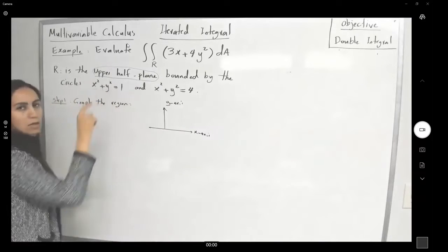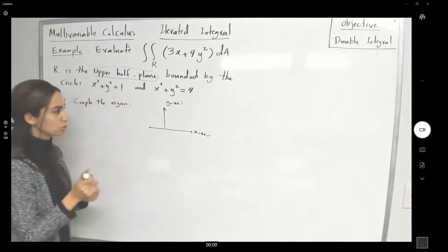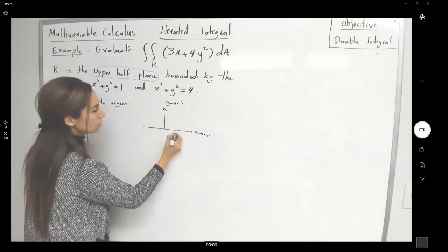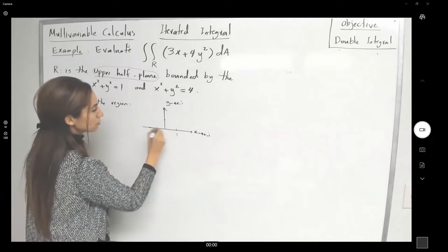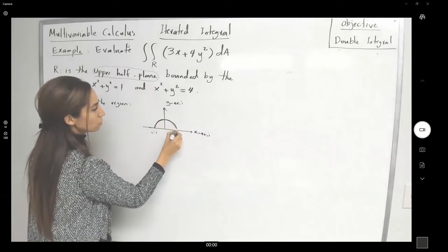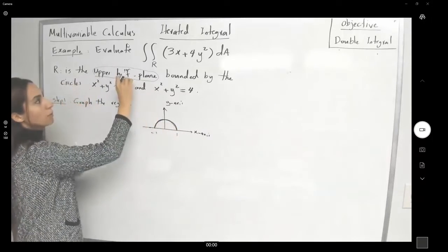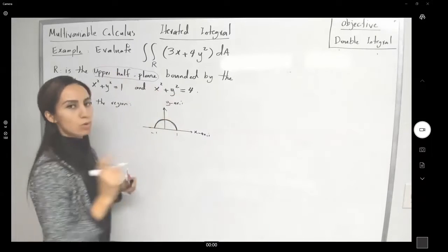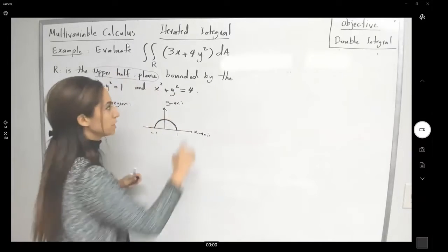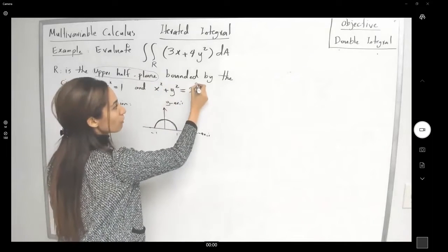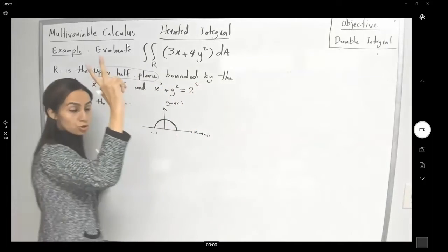This guy is the unit circle. Okay, the unit circle is not very hard. I already know the unit circle has radius 1, and this is my x squared plus y squared equals 1, but in the upper half plane. The second one is x squared plus y squared equals 4. It means that I have radius 2. Remember to convert this into the format where you see the radius, 2.